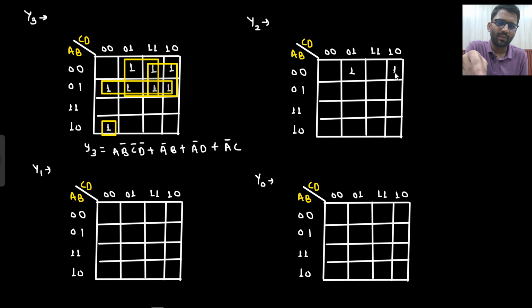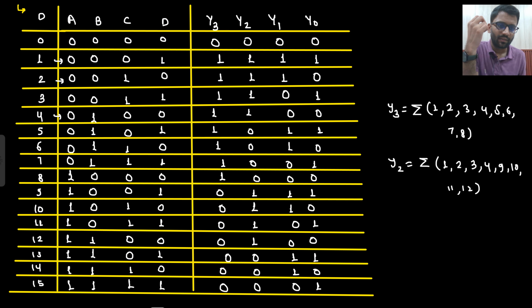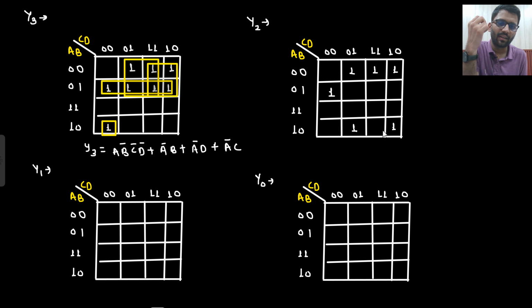Then 5, 6, 7, 8, 9, 10, 11 and 12, right? So this is 1, and then I can see a quad here. Two quads I can see directly. One quad is this, and another quad is this.